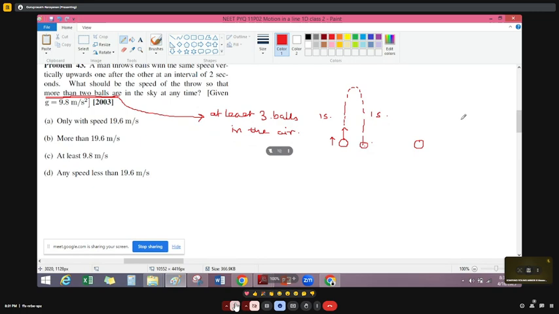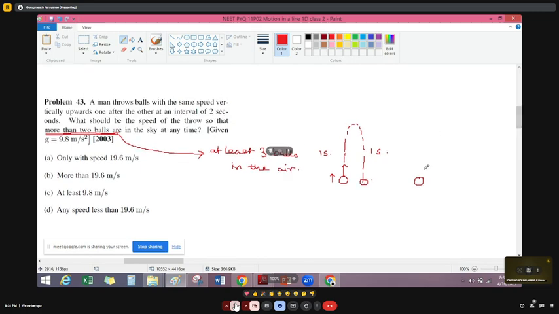Suppose I throw a little faster. I'm sure you have seen juggling of balls; magicians juggle. Jugglers will be juggling the balls. Sometimes you will see jugglers juggling knives and all. So that's the problem here. To have many balls in the air, you have to throw farther. So it will go a little bit farther here. Only if you throw at a higher speed can you do this.